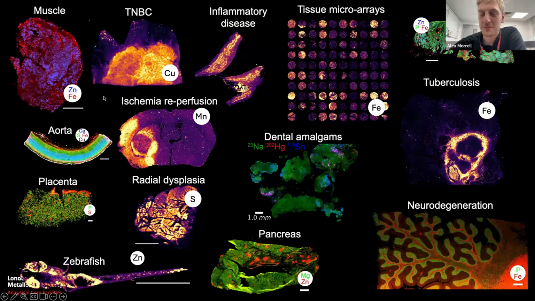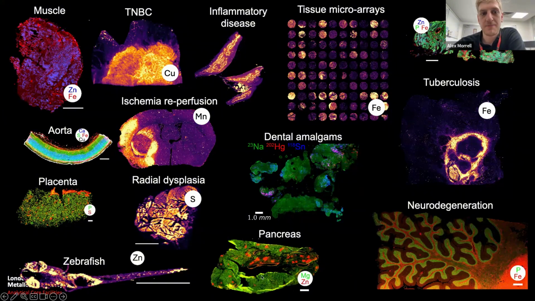We're doing a huge project with the TNBC from Maddie Parsons, which I'll talk to you about a little bit later on. Inflammatory diseases like rheumatoid arthritis. I've included tissue microarrays here just to show that we can do really high throughput stuff, so we can image hundreds of patients a day within these types of tissue microarrays. Of course, cancer is very important. TB, I'm going to cover a little bit later.